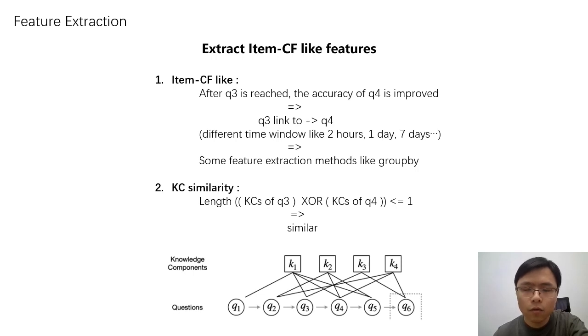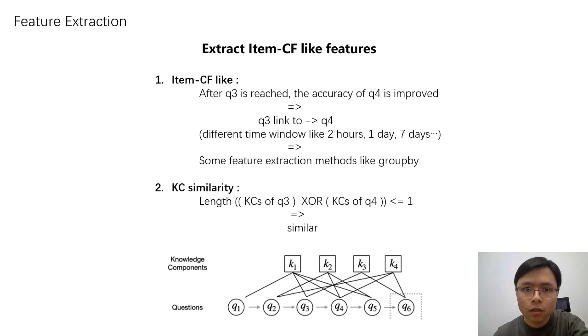So after a student finishes question 3, the accuracy of question 4 would be promoted largely. This kind of promotion could be called item shift. And after this matrix is done, we can extract more features using group by and different time windows like 2 hours, 1 day, 7 days, and so on.